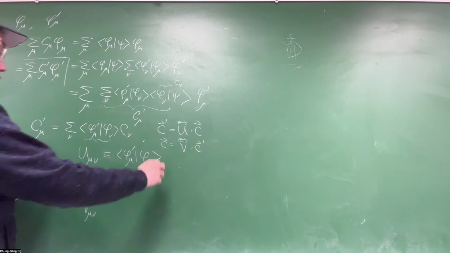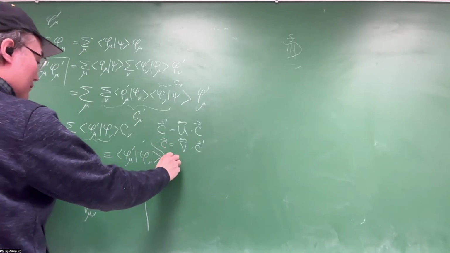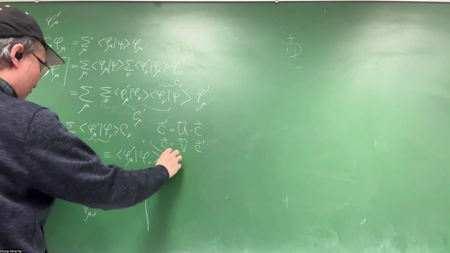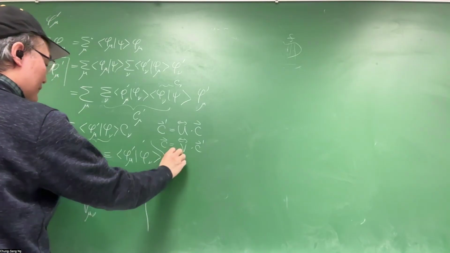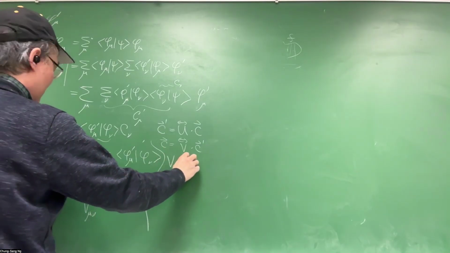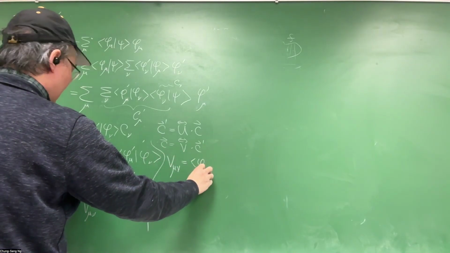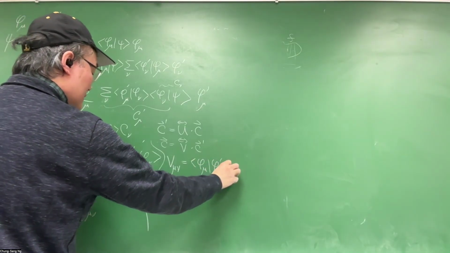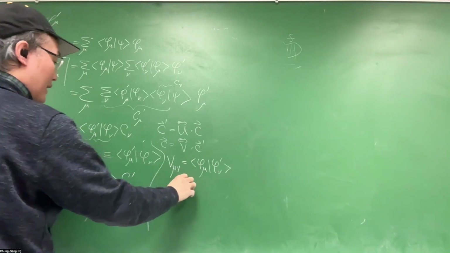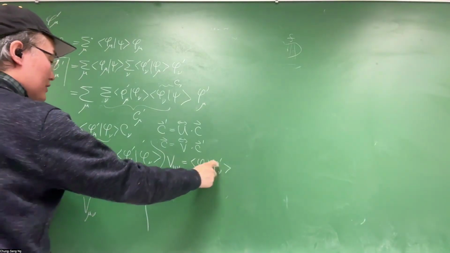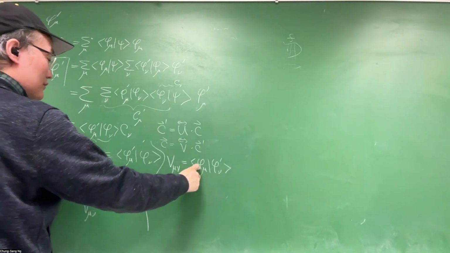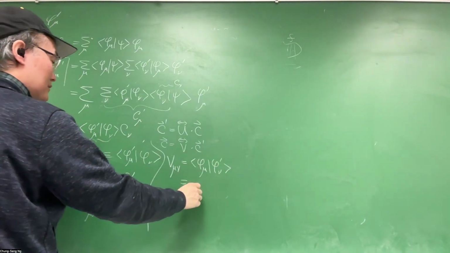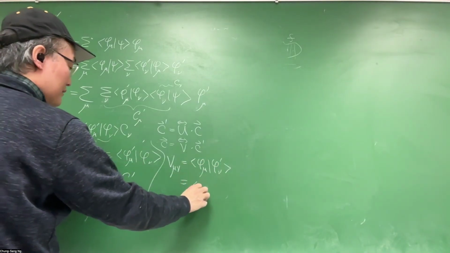So let's write this. V mu nu equals the scalar product, and we apply the property of the scalar product: we can exchange the two functions' positions and take a complex conjugate.